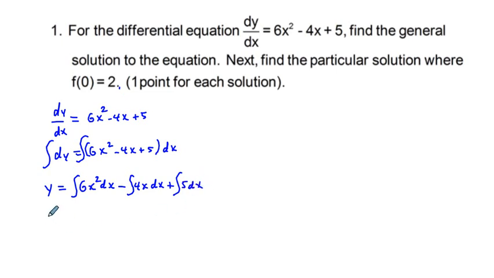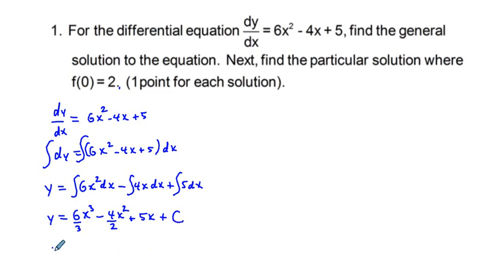And integrating on the right side, we're going to have y is equal to 6x to the third power divided by 3 minus 4x to the second power divided by 2 plus 5x. And then we're going to add the constant of integration c.